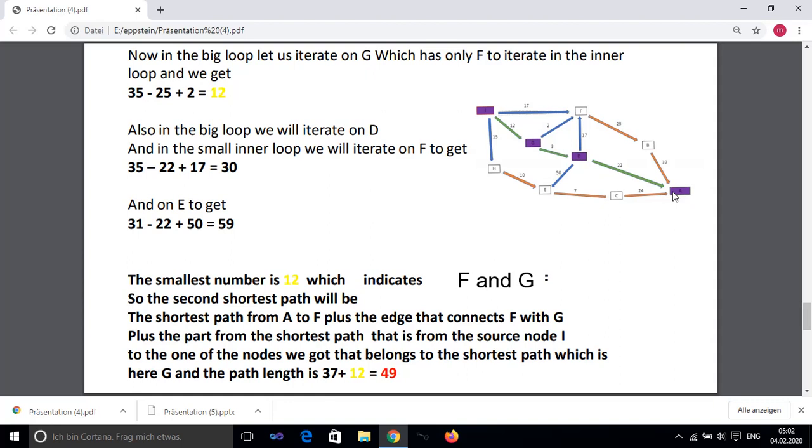The smallest number is 12, which indicates two vertexes F and G. So the second shortest path will be the shortest path from A to F, plus the edge that connects F with G, plus the part from the shortest path that is from the source node I to the one of the nodes we got that belongs to the shortest path, which is here G. And the path length is 37 plus 12 equals 49.